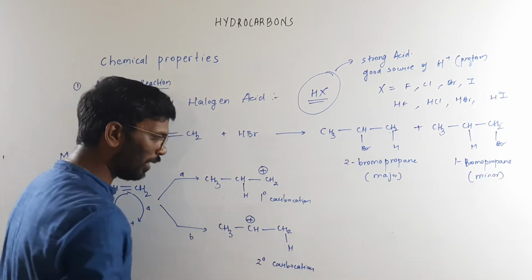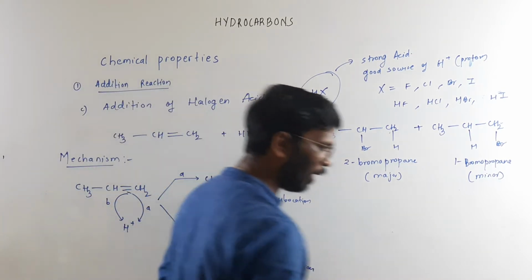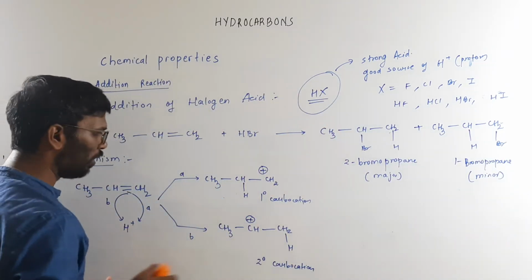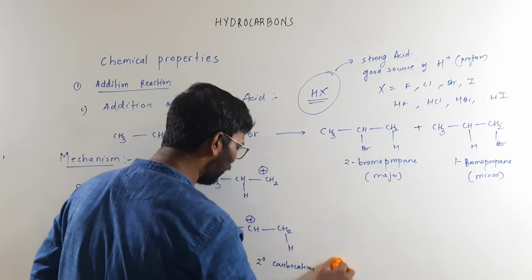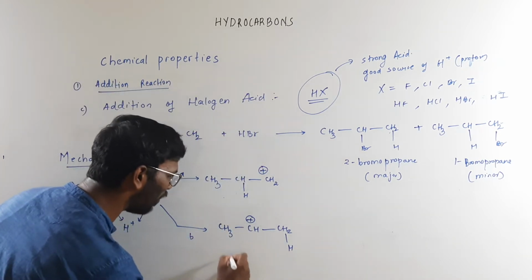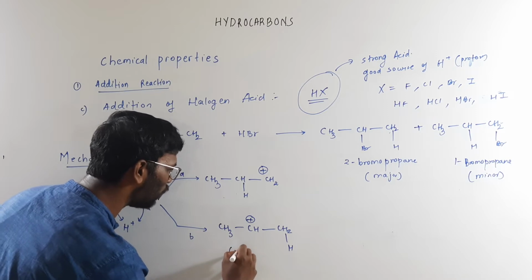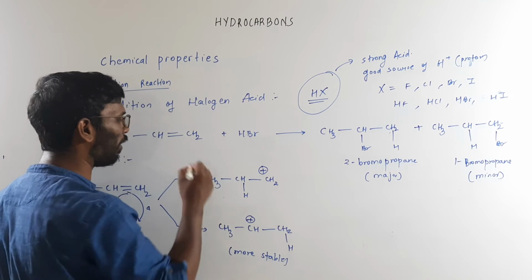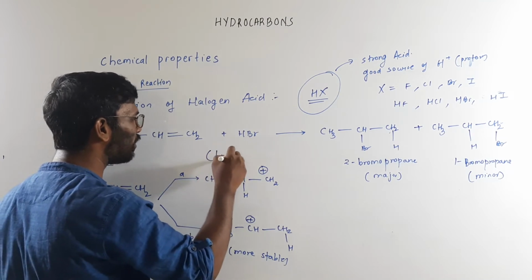Now there is Br minus, which is the other part of the halide which was split over here, so I will show you the attack, right? So this is more stable because it is a secondary carbocation. This is less stable.